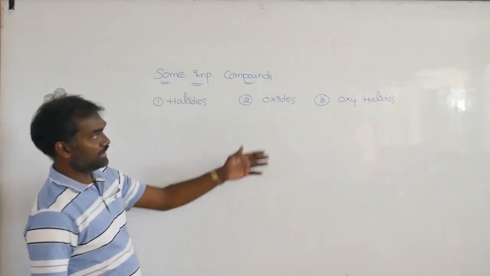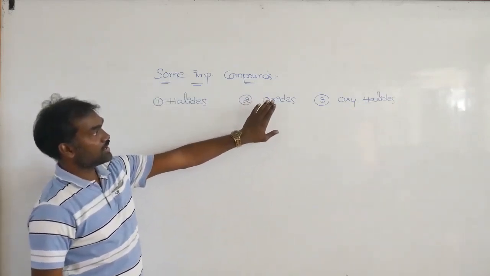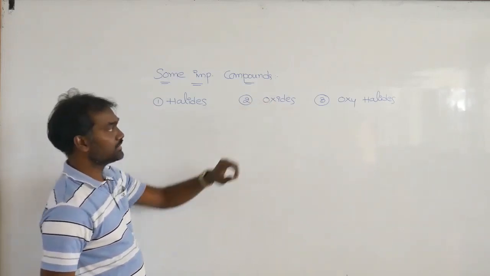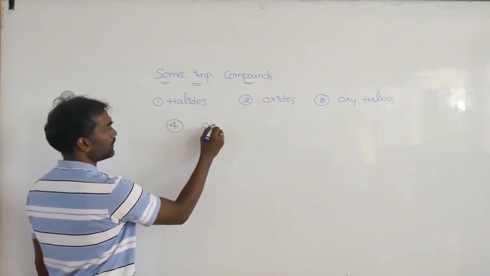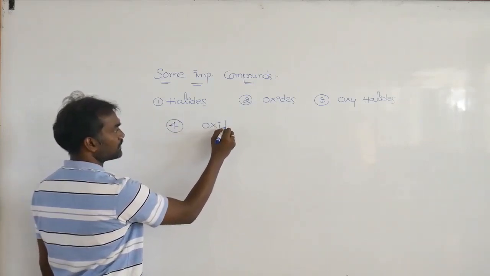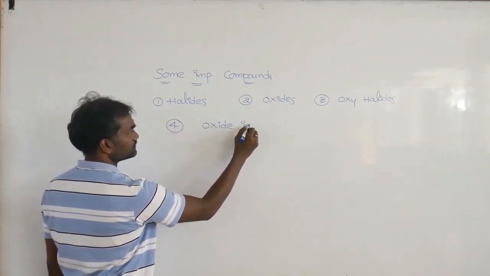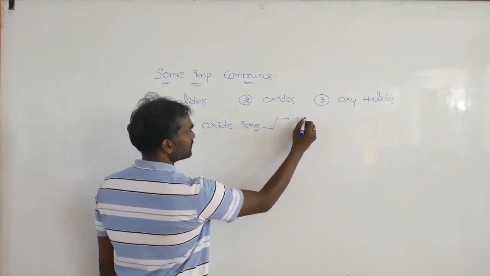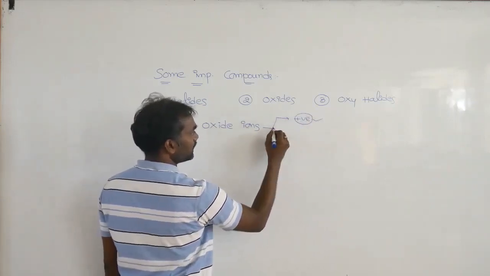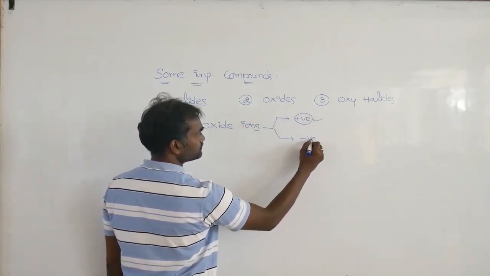So oxyhalides are also there. Next, if oxygen is combining, they are getting charges also. That is oxy ions or oxide ions. These ions, either positive ions or negative ions, are there.